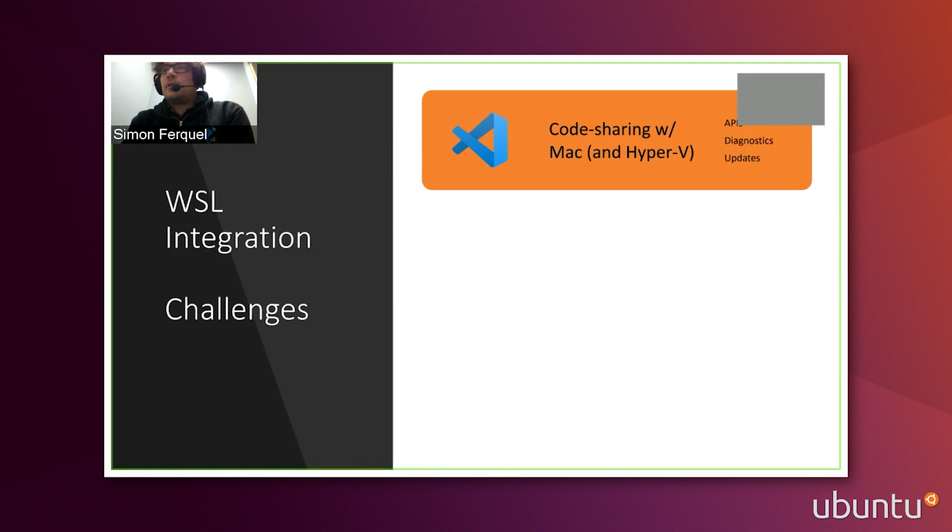That's very important for us because of maintenance cost. We are a small team, and it's a free product, so we really want to keep things as simple as we can.